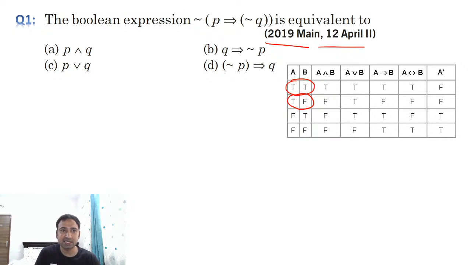So let's take one substitution, guys. I am taking P is equal to true and Q is equal to false. Let's see what we get.